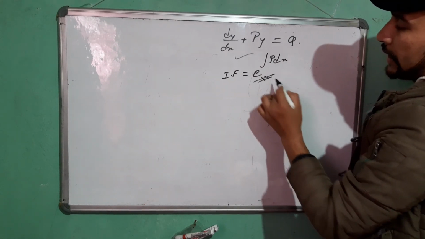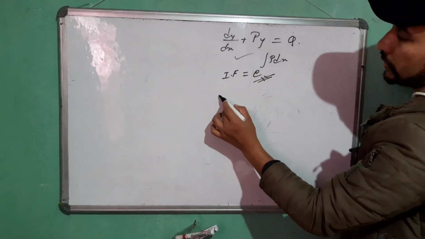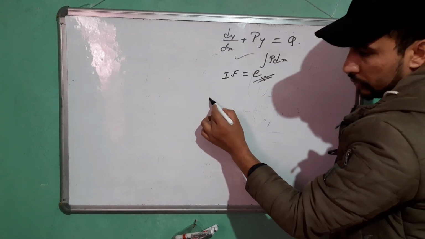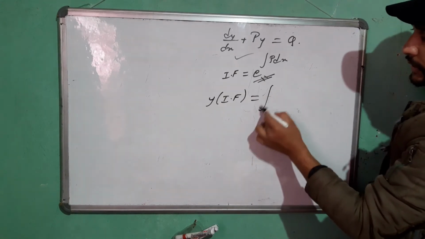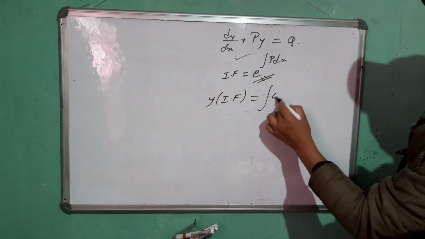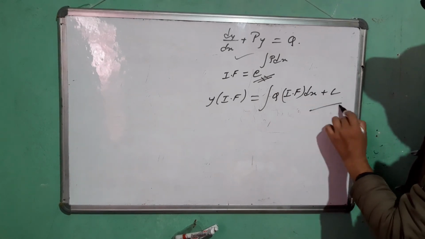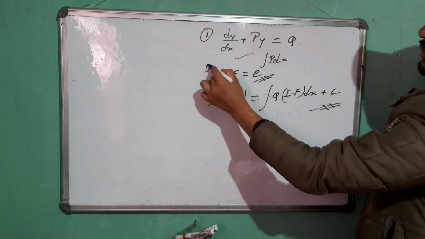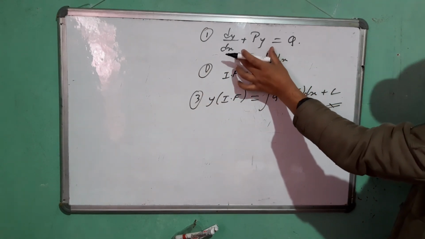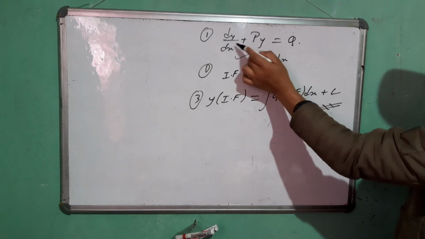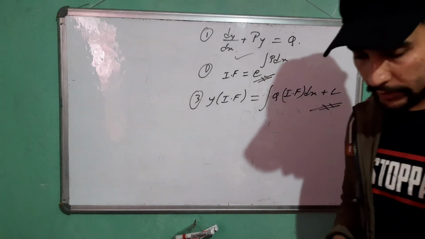After finding it, you should remember the standard solution: y into IF is equal to integration q IF dx plus c. You should remember these three things. And if the differential equation is just the reverse of this, dx dy plus px equals q, then everything will change.